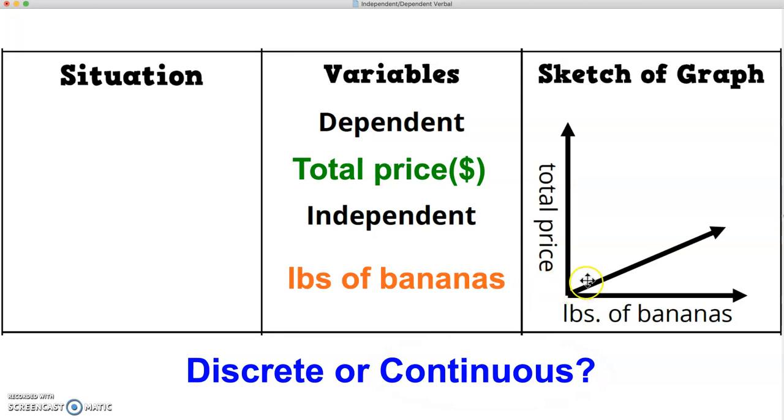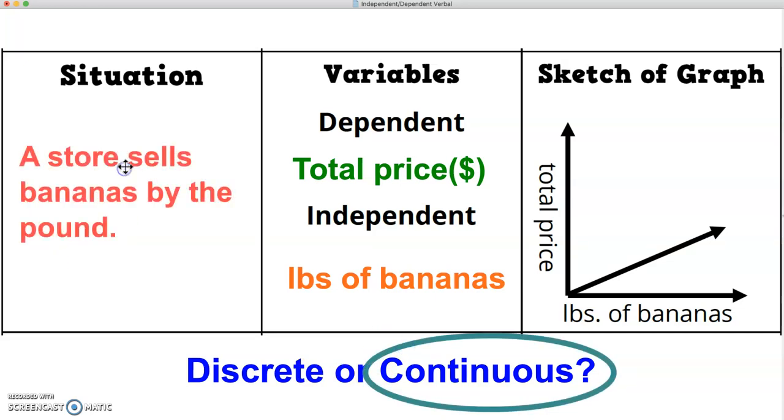Notice how this is continuous. We can buy half a pound of bananas or 0.64 pounds of bananas, depending on how much each banana weighs. So if we buy pounds of bananas and we have a total price, this is actually continuous. To write the situation, we could put some context around what's happening.